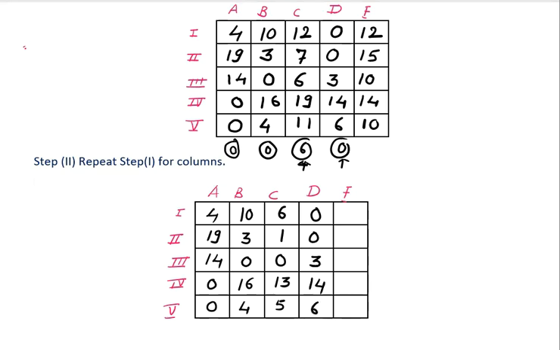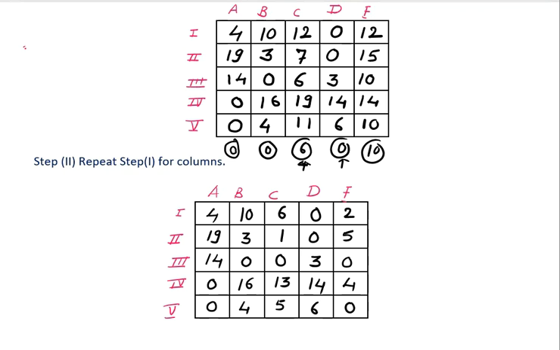In the last column, the smallest entry is 10. So subtracting 10 from all the entries of the fifth column, we get 12 minus 10, 15 minus 10, 10 minus 10, 14 minus 10, 10 minus 10. So this is the cost matrix obtained in step 2.